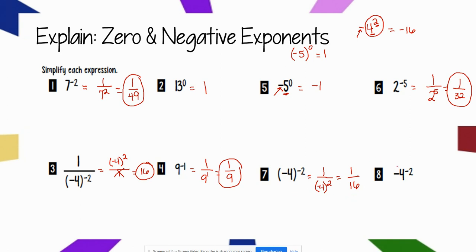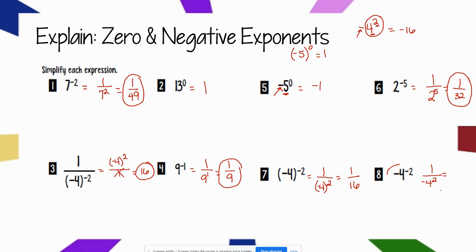So for number 8, you see that these look the same, but they are different. So we're going to take our -4 to the -2nd power, and we're going to put that in our denominator, and then our 2nd power becomes positive. That is over 1.